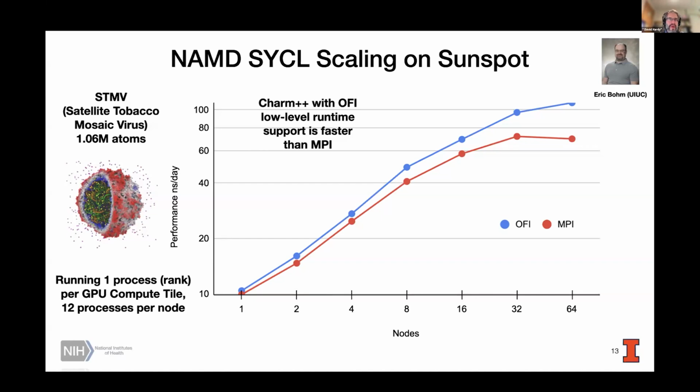And so we see this leveling out of our scaling, which makes sense when you consider that this is a strong scaling result. We're not increasing the amount of work per node. And so at the upper end, we're only looking at around 1,000 atoms or so per rank.